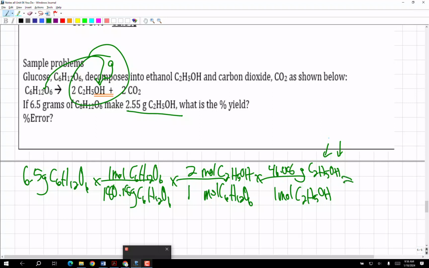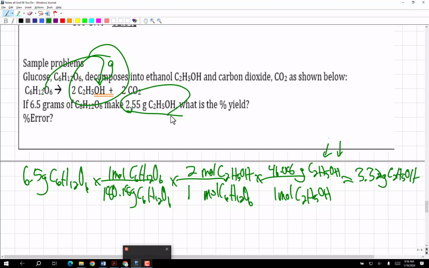And this will tell us how much I should get if everything is perfect, which it's not. In your final exams you should get 100%, but really, we don't. 6.5 divided by 180.18 times 2 times 46.08 is 3.32. So I should get 3.32 grams of C2H5OH, but I didn't.